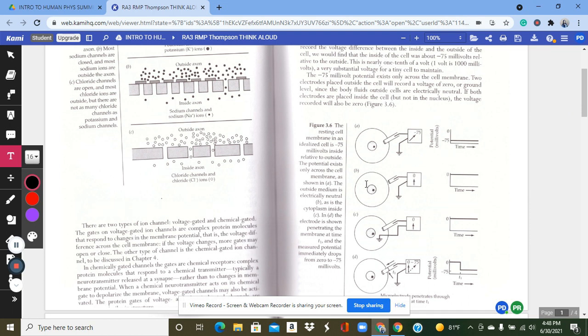Okay, so the outside medium is electrically neutral. It's neutral because it's set on zero, as is the cytoplasm inside, C. What's the difference between B and C? They look pretty much the same.